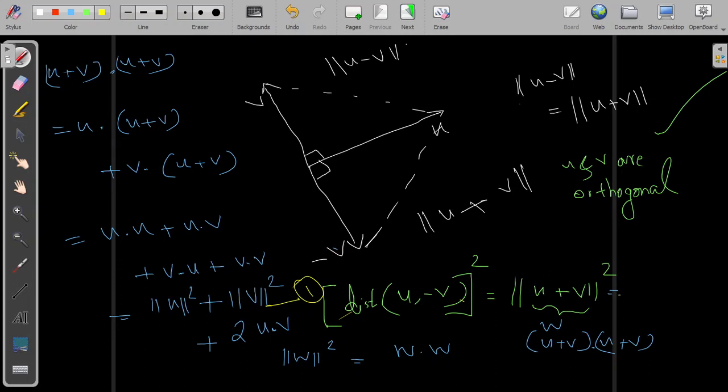So as you can see in this figure, if u and v are perpendicular, then the distance between u and v and the distance between u and minus v should be equal, or their squares must be equal.